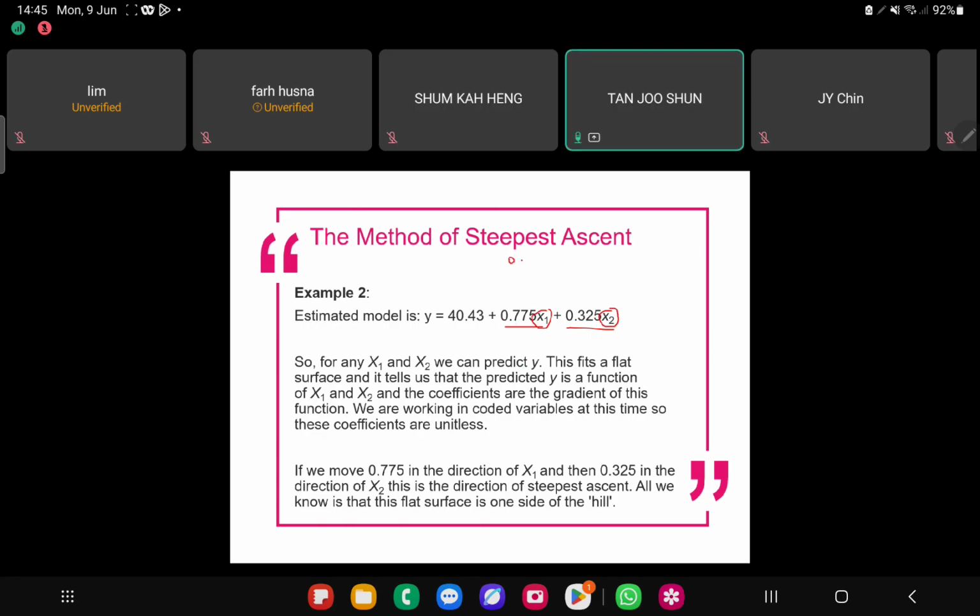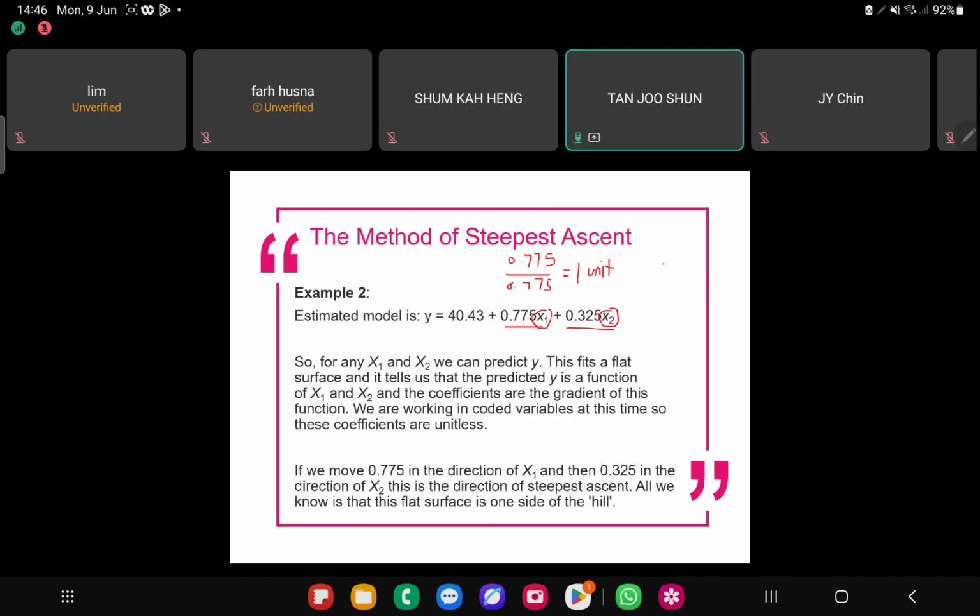So I use 0.775 divided by 0.775, then I will get 1. This 1 unit is the coded value for factor 1.